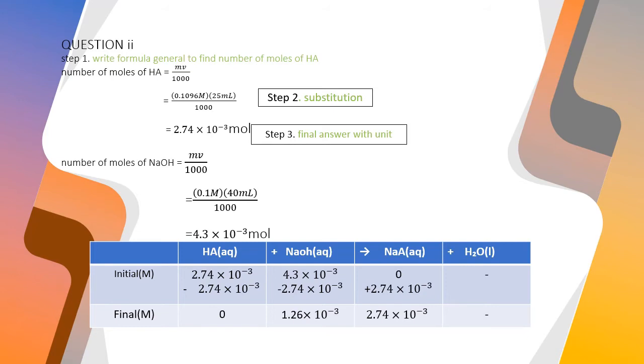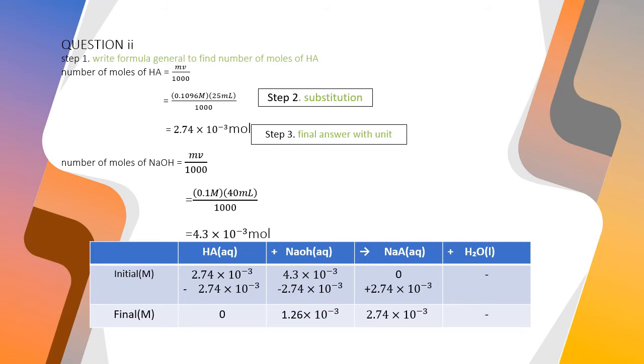The unit is mole. Next, number of moles of NaOH uses the similar equation, MV over 1000. Substitute the value 0.1 M times 40 ml over 1000, and then you have the final answer. Again, write it with the correct unit, which is mole.